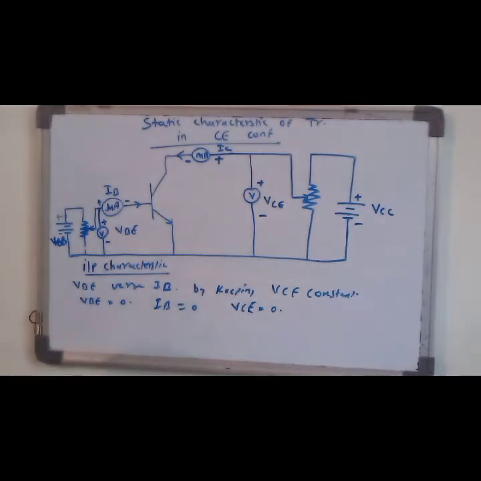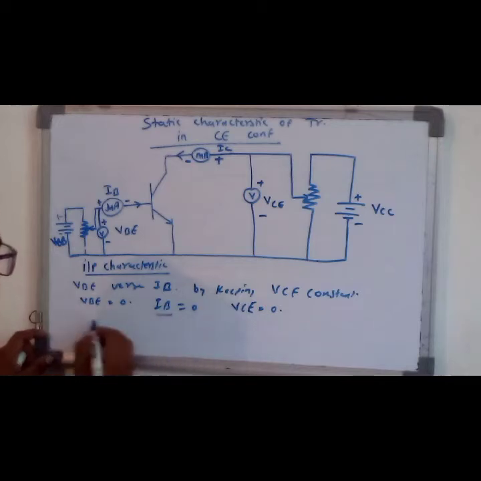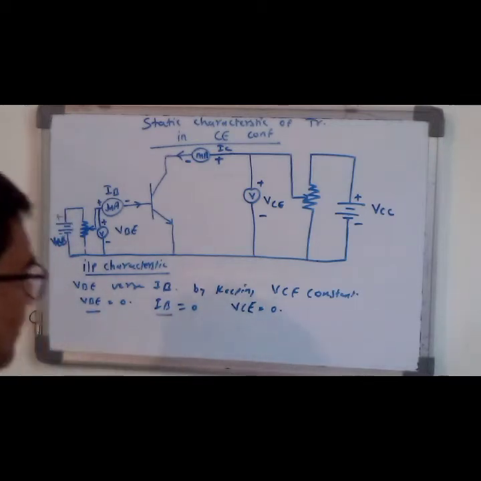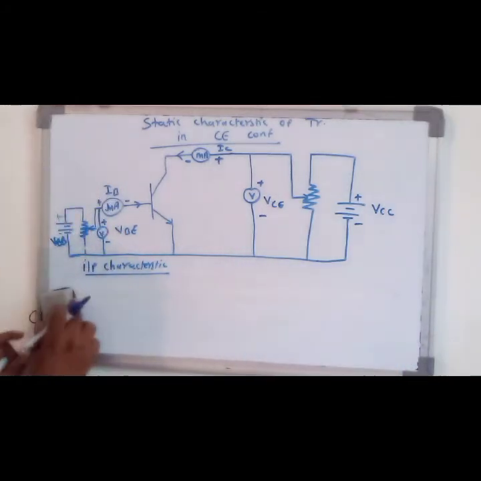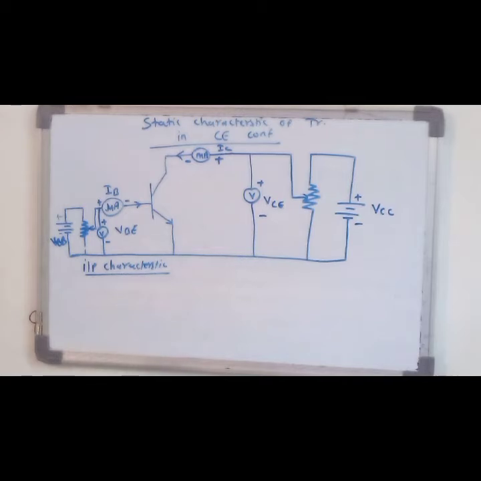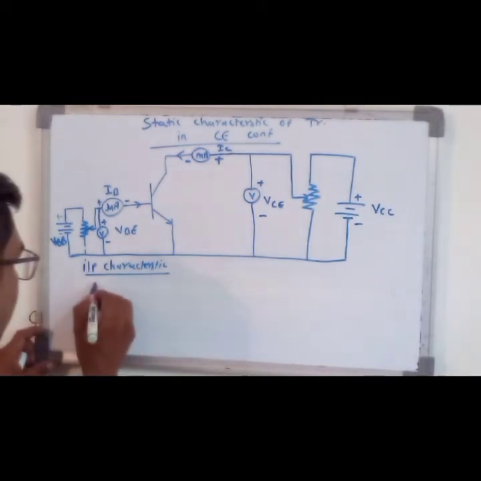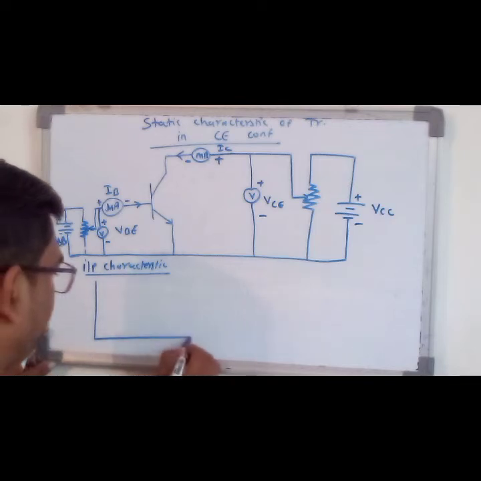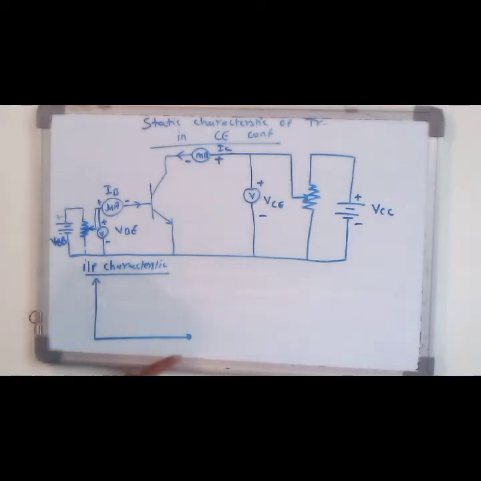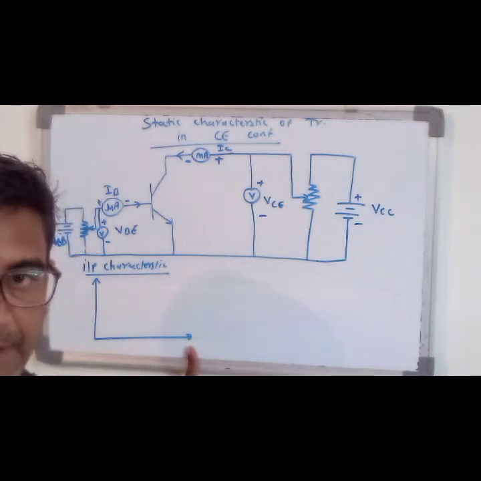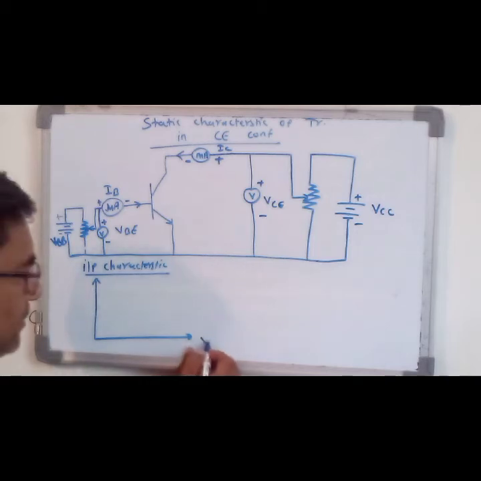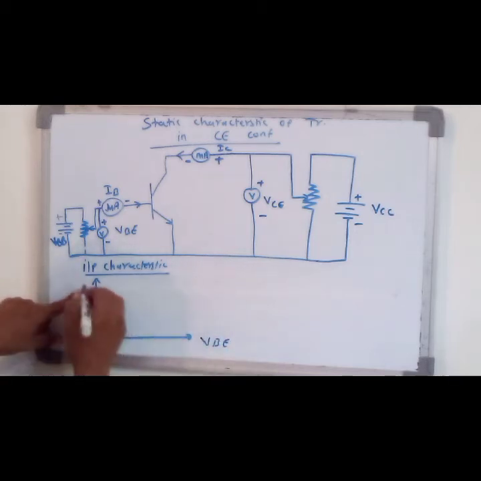Okay, the characteristics are plotted for IB versus VB. Now here we will draw the characteristics. Here we are going to consider the value which is VBE, and here we are going to consider IB.